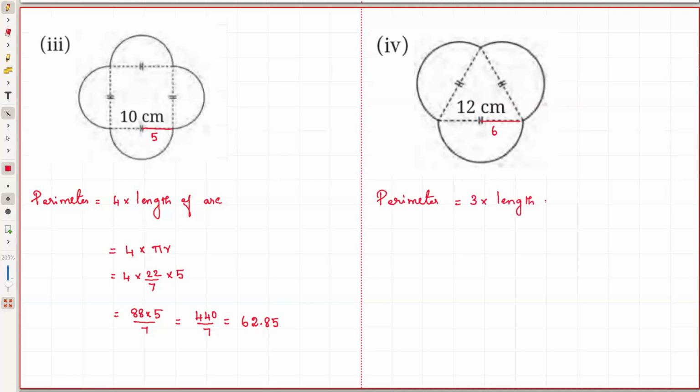3 times length of arc. Okay, so now this is equal to 3 into, so the length of an arc formula, for a semicircular arc, is pi r.